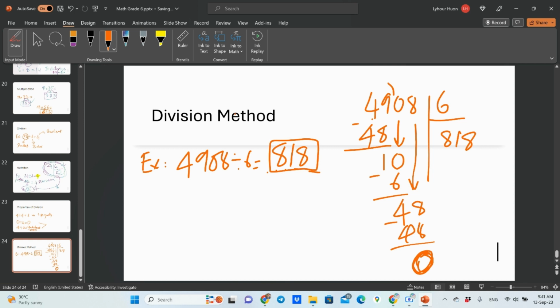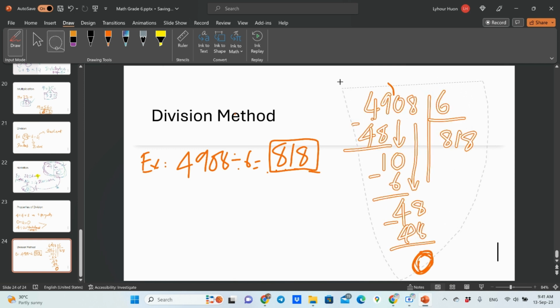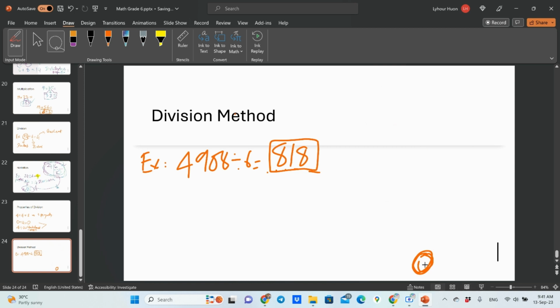Okay, next, we divide. Another example: 2,128 divided by 7.